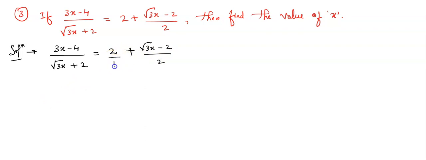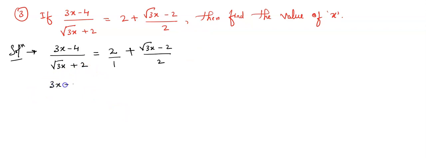Nothing is there in the denominator, so we should assume 1 is there. So 2 by 1 is one term and root 3x minus 2 by 2 is another. We can see there is a fraction in the RHS, so first let me simplify those terms.